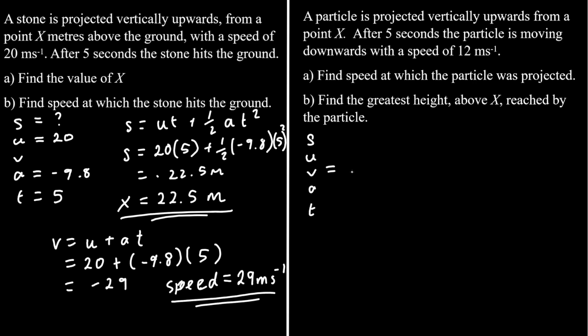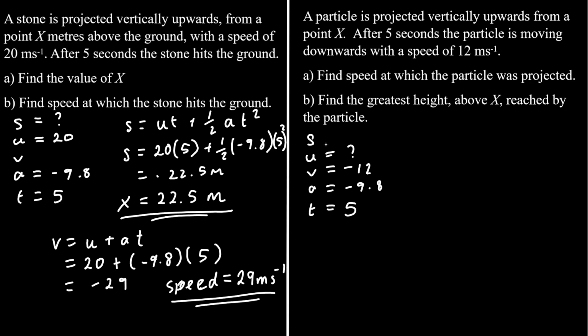So the final velocity is negative 12 because it's moving downwards. Acceleration is negative 9.8 because that's acting downwards. And it's projected upwards. After 5 seconds, time is 5. We want to know the speed at which it was projected, which is u.